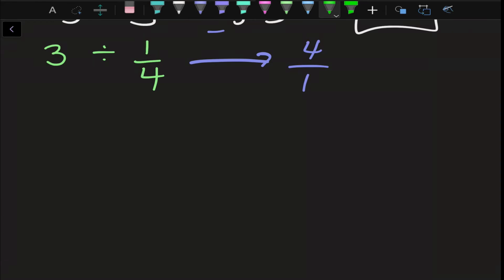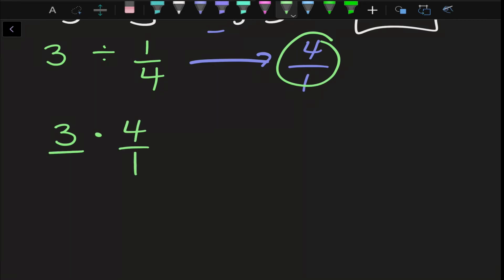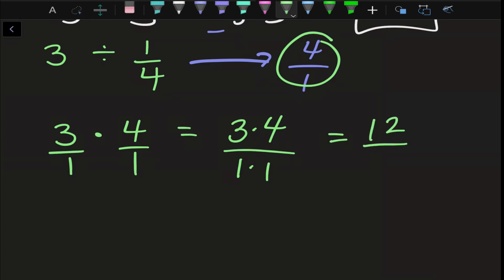Then we come back down, and we take the 3, multiplying by our new buddy over here, 4 over 1. And we remember, 3 is also the same as 3 over 1. So we're getting 3 times 4 over 1 times 1, which is 12 over 1, which is really just 12. Pretty straightforward.